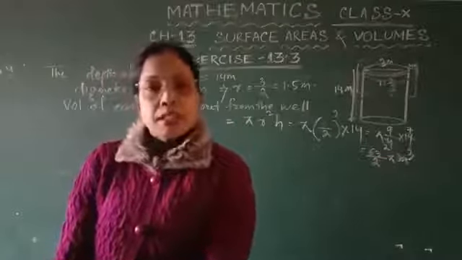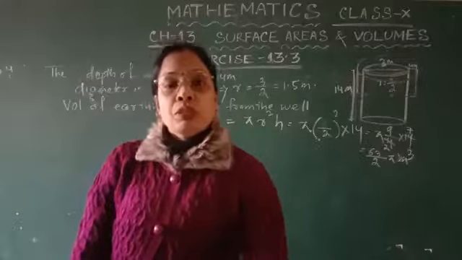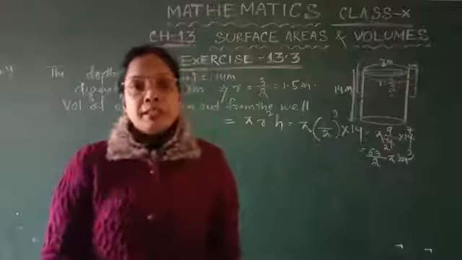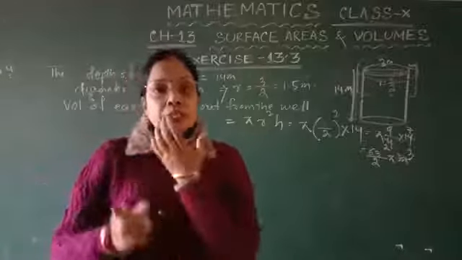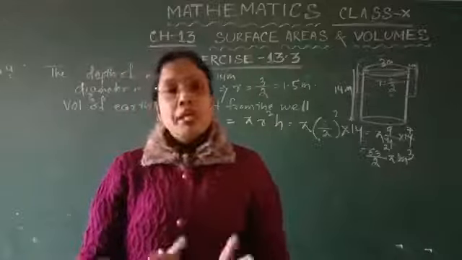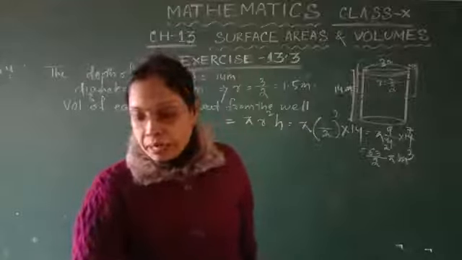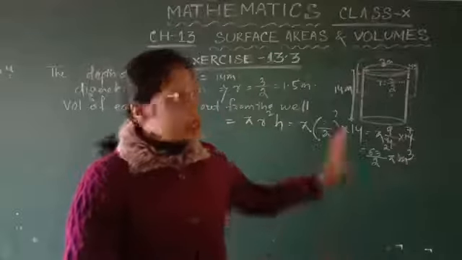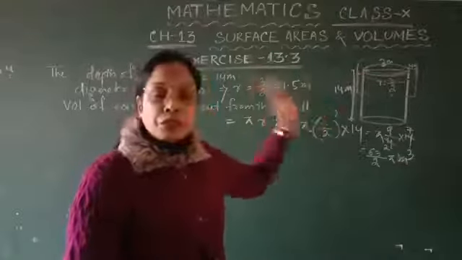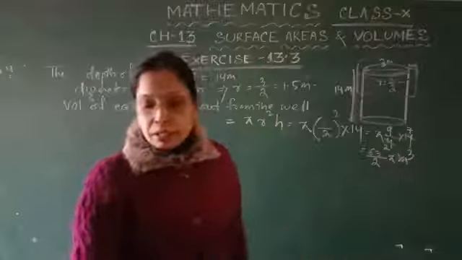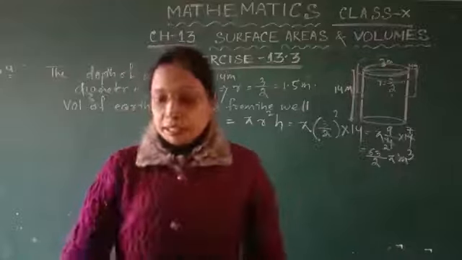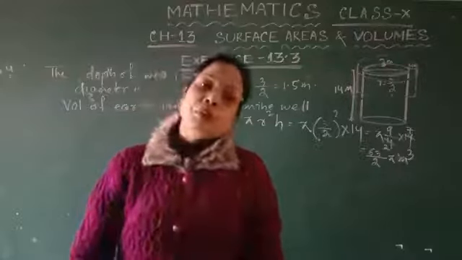Then here the question said what? The earth taken out from the well is spread all around the well to form an embankment having some height. The question said you find the height, so let the height be h, and the width of the embankment is 4 meter.